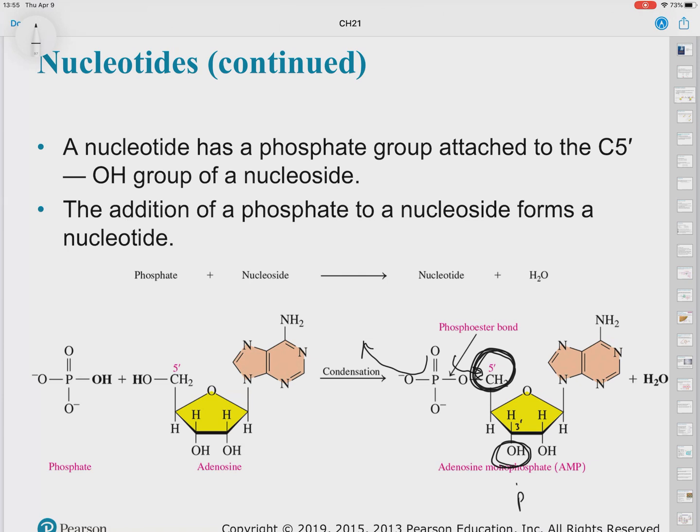So when the next phosphate group comes in, it's going to be reacting with the next sugar and so on. I ran out of room to draw my sugar. There's going to be a reaction here from the 5' of this sugar to the 3' of this sugar, and we're going to say that there's always a 5' side and a 3' side, a 3' hydroxyl.